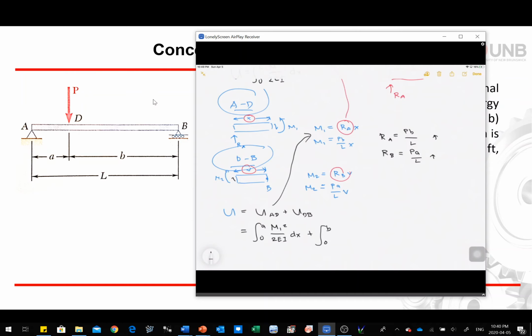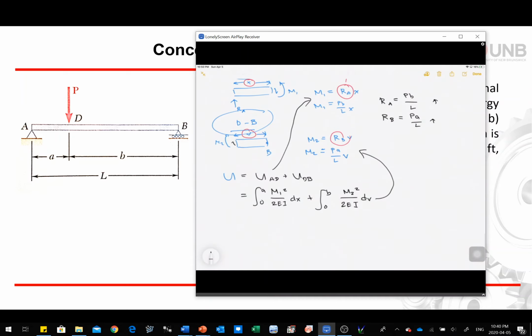Again, we section the beam right here, making our reference point as 0 at point B. So we section right here. So that's from 0 to B. Again, that's a reference point. It's not A, it's from B. So we have M2 squared over 2EI. Now this is dV because we made a different assumption right here.